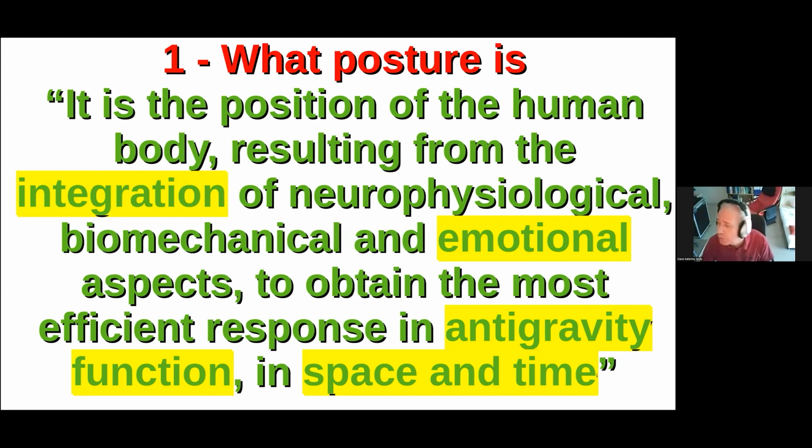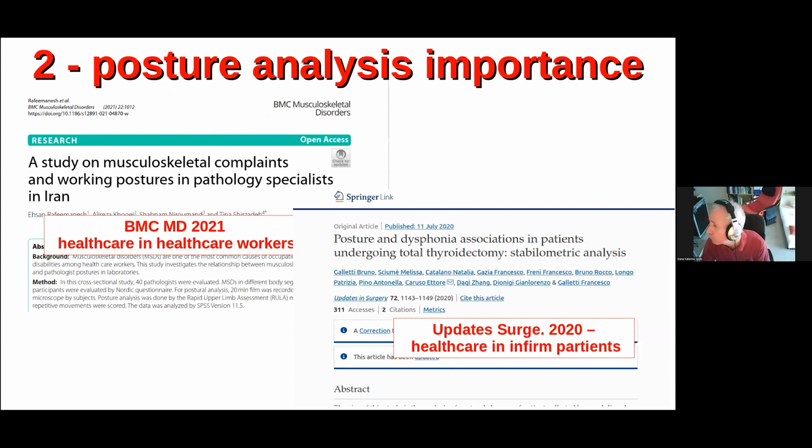As you know, there are many types of definition, but we have chosen this one because it has 4 topics that are important in our opinion: the concept of integration, the concept of the introduction of the emotional status of the subject examined, the anti-gravitational function, and the relation with space and time.